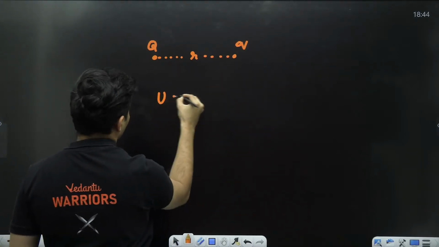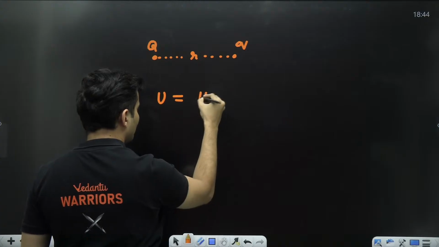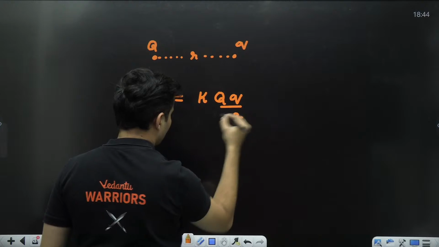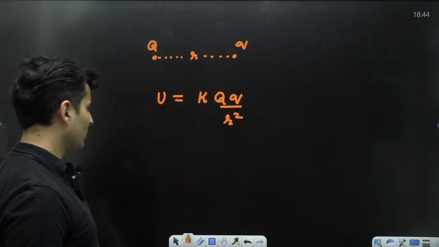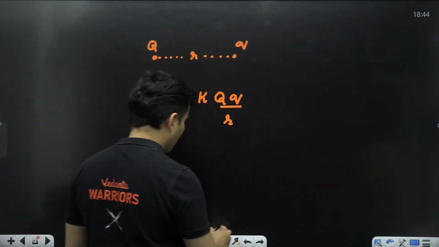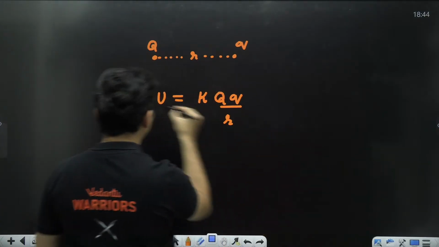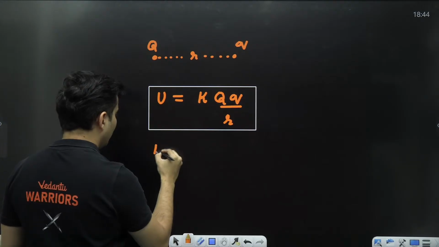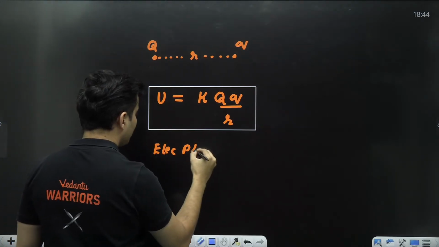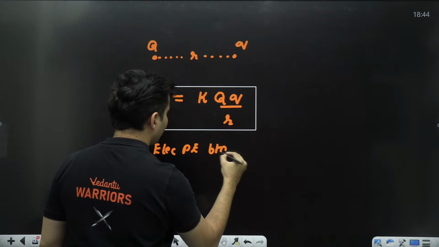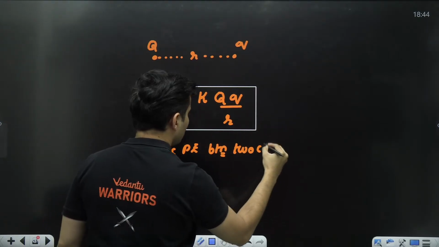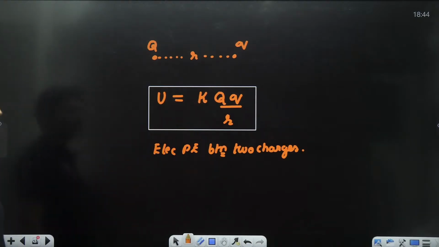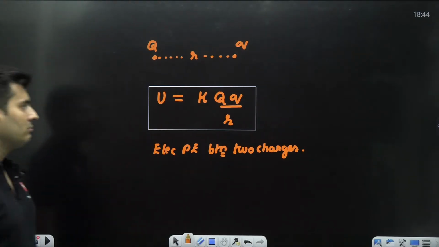The potential energy between two charges comes out as Coulomb's constant times charge 1, charge 2, divided by R. This is the electrical potential energy between two charges as shown. The separation between them is R.